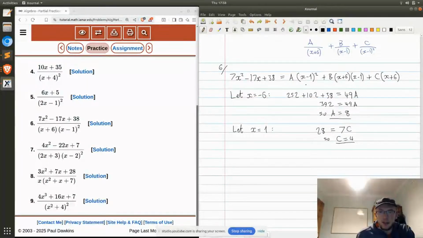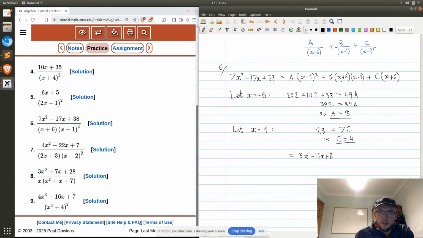But the good news is A is known to be 8 and C is known to be 4. So it's not that bad, right? So on the right-hand side, I guess I'll end up with 8 times x squared minus 2x plus 1, or 8x squared minus 16x plus 8.